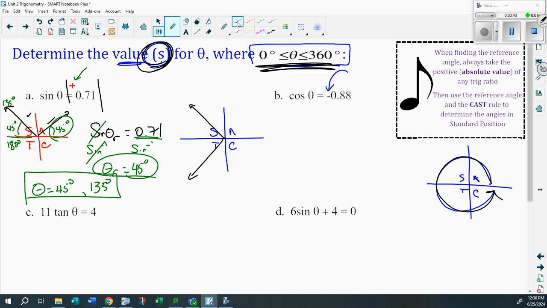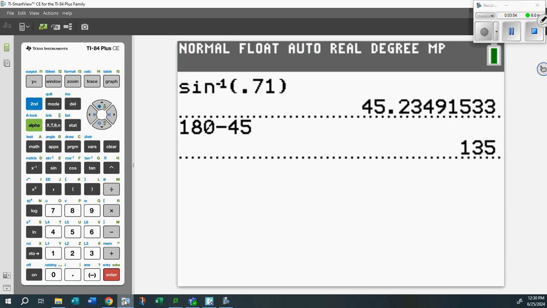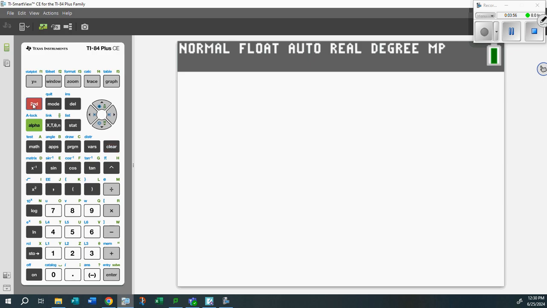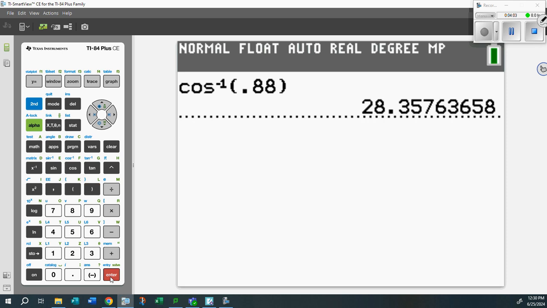So first things first, absolute value this. Theta reference is going to be what? Well, you have to inverse cosine each one of these. Okay, so we'll do the inverse cos of positive 0.88. Boom, answer is 28 degrees.